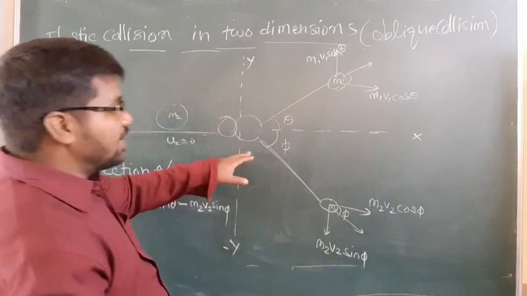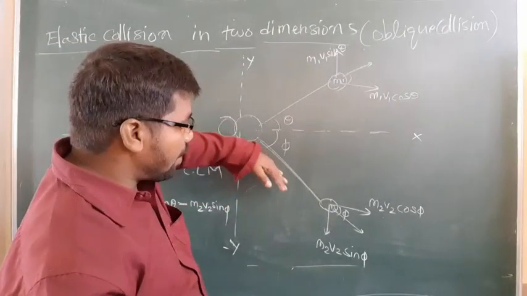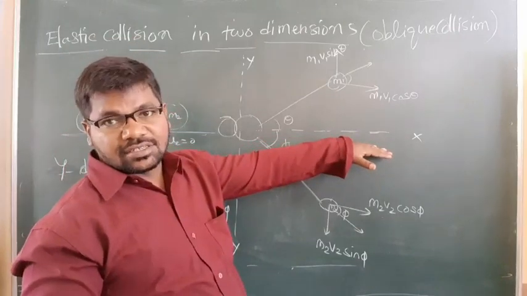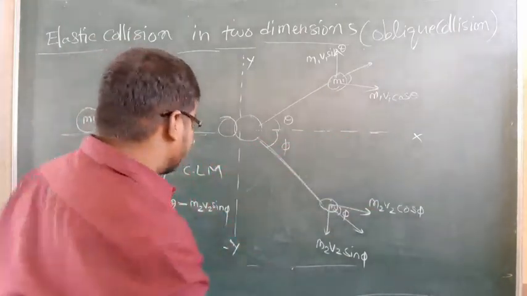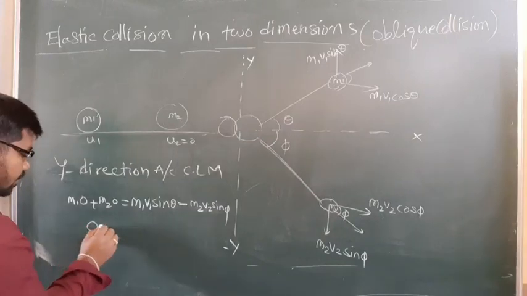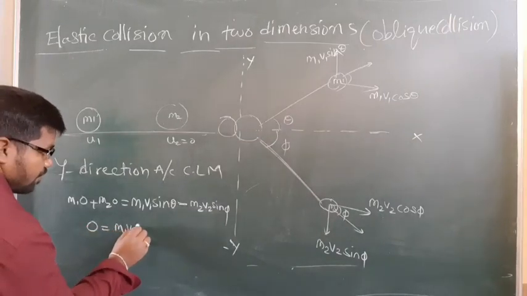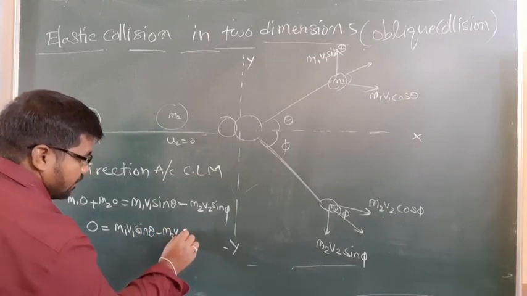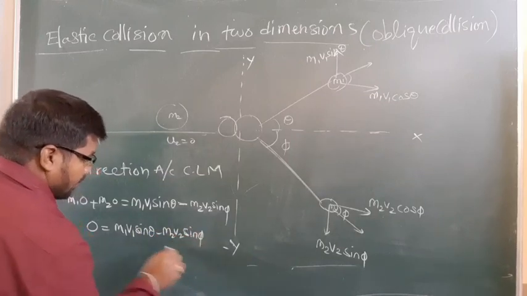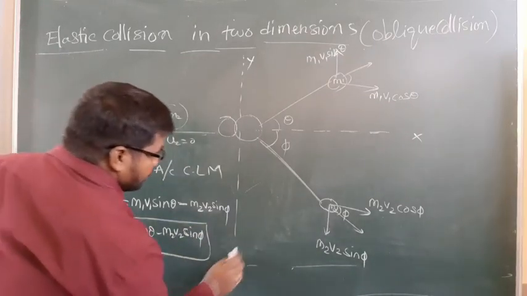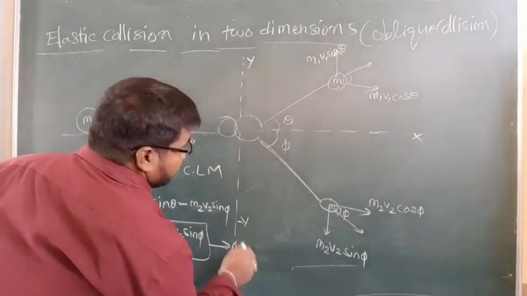Angle phi is the angle made by the second body with the reference line. Rearranging, 0 is equal to m1 v1 sin theta minus m2 v2 sin phi. This is equation 1.